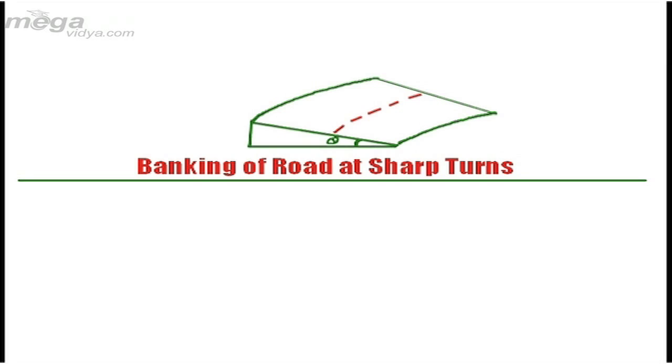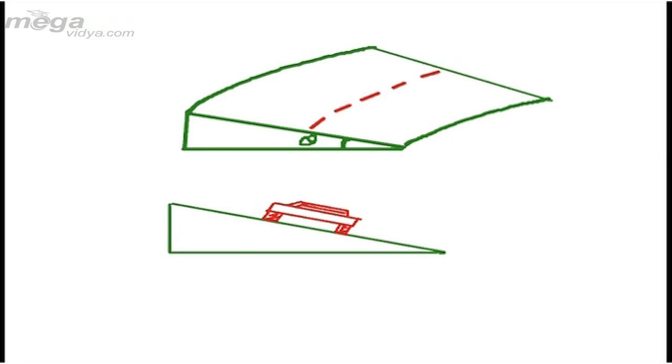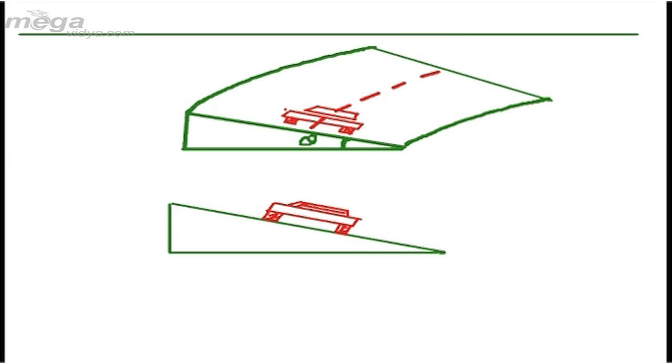Then see how it is important, what are the conditions due to which we have lifted the outer edge of the road. Just come to an event in which a car is turning at the curvature of a road. Say there is a car which is moving with velocity v on this curved track.